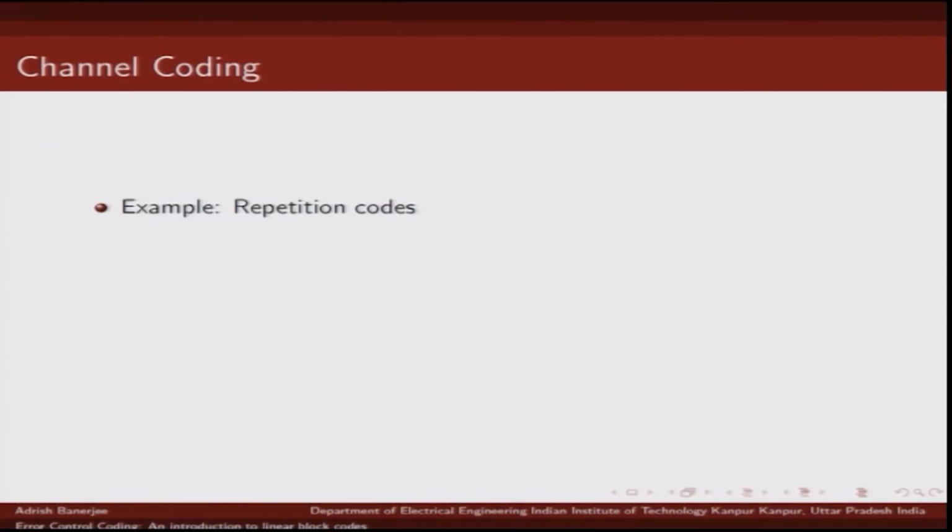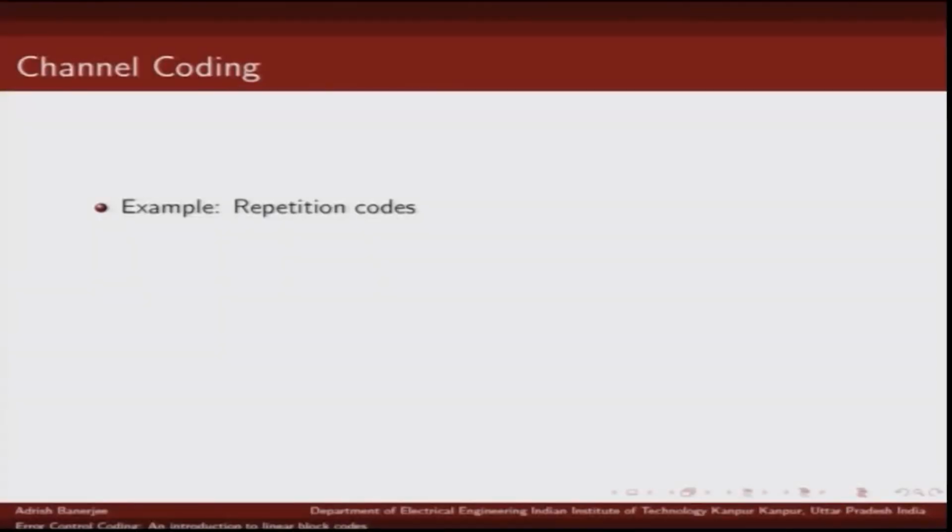So, let us take a very simple example of error correcting codes and illustrate how we can use them to detect and correct errors. The example I am going to show you right now is what is known as a repetition code.